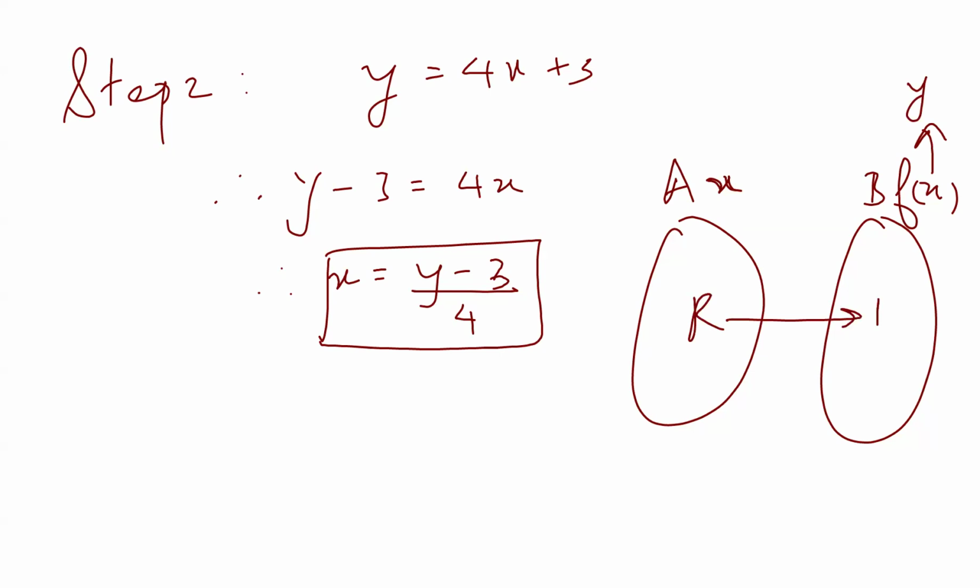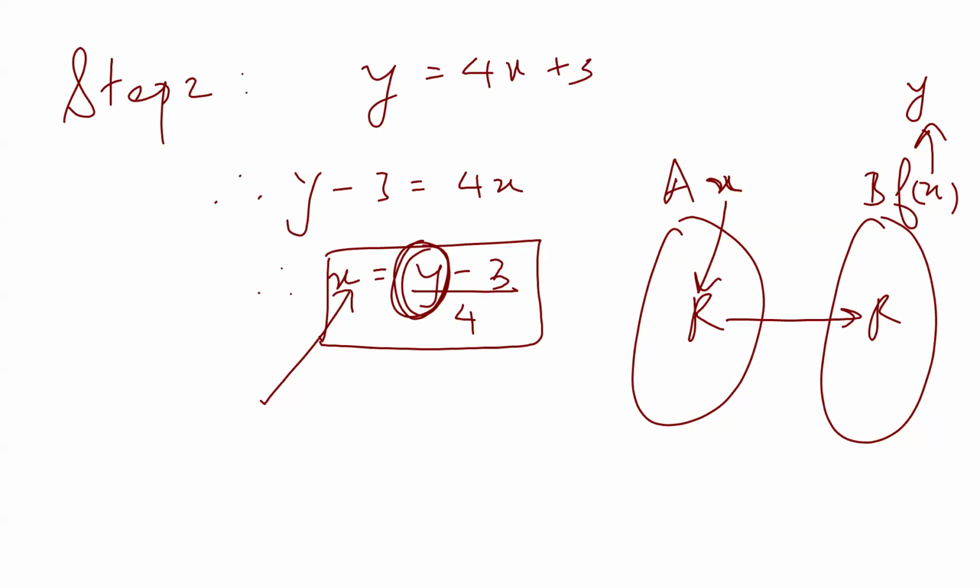Now you take any real value of y, 0, 1, 2, 3, 4, or minus 1, minus 2, minus 3, or positive decimal, negative decimal, and put it over here. Will we get a real value of x? Yes. If you're putting y as 0, 0 minus 3 by 4 is minus 3 by 4. Minus 3 by 4 is the value of x. So x is real.